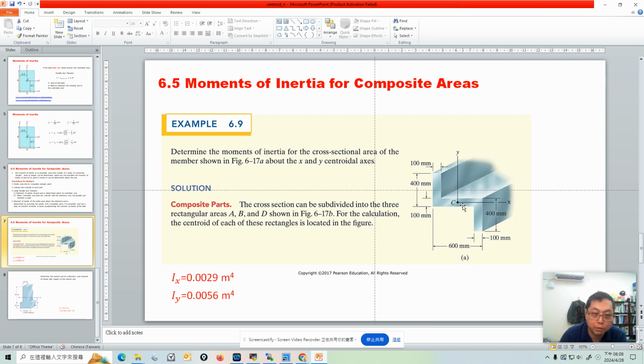But in this problem the centroidal axis is already given, so you don't have to calculate it. We will go to the neutral axis calculation later. This problem just wants to calculate the moment of inertia with respect to the x axis and y axis.